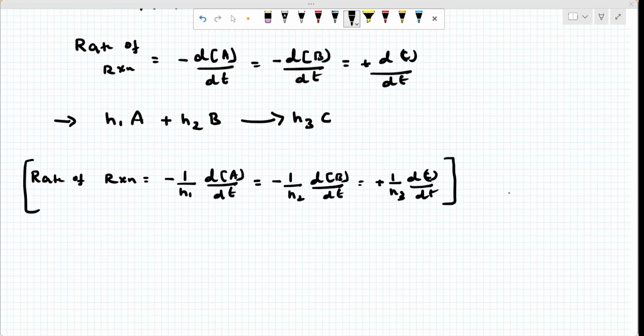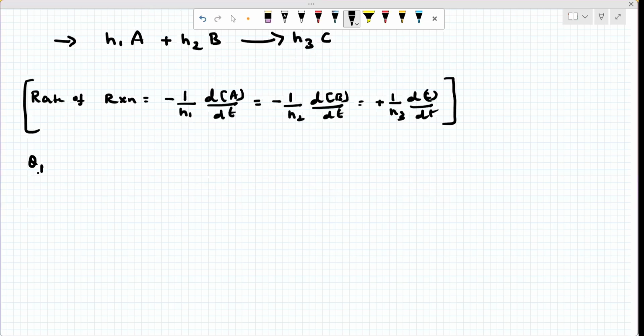Okay, now tell me for this reaction, how to write the rate expression? H2O2 gives H2O plus O2. Tell me the rate expression, students. What is the rate of reaction?